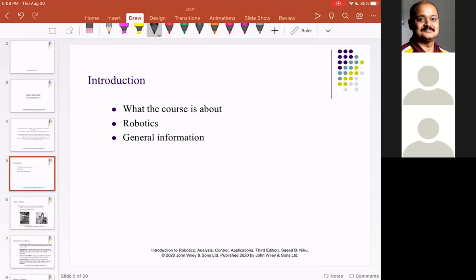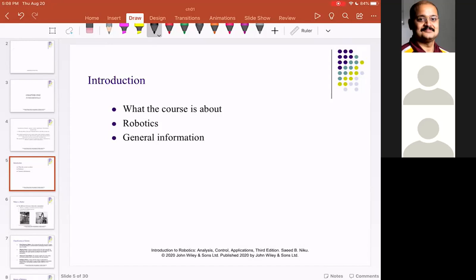When we go to Robotics 2, at that time, we will study different types of robots, for example, aerial vehicles, ground vehicles, and how their control works. In this first course, we are not going to talk about the hardware as such. We are going to talk mostly about how the robots work and how the dynamics work.